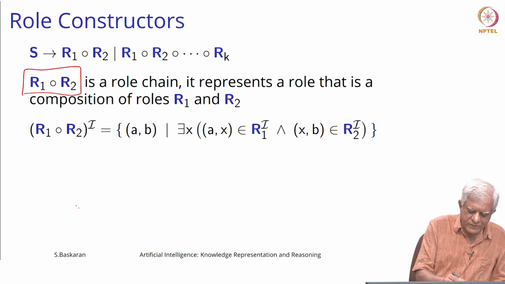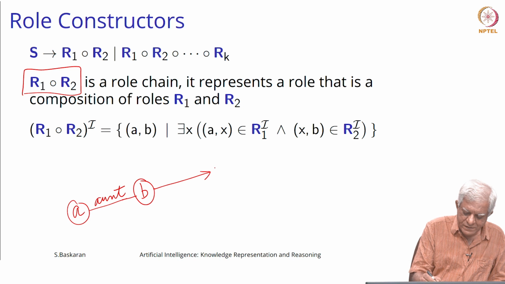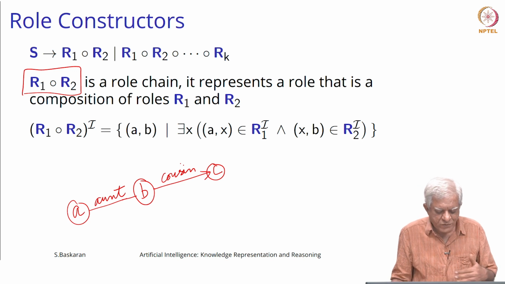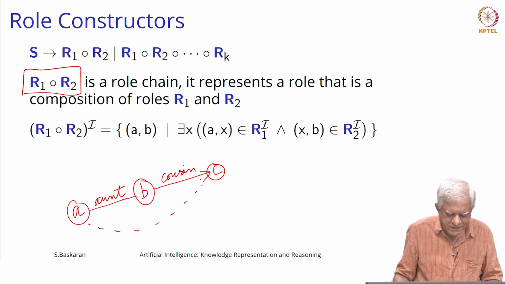So, if you have an A here and it is related by a role to B, let us say aunt, and B is related to C, let us say cousin, then we are defining a new role which is like this. We can think of saying as your aunt's cousin essentially.